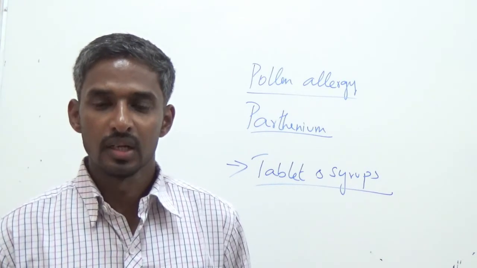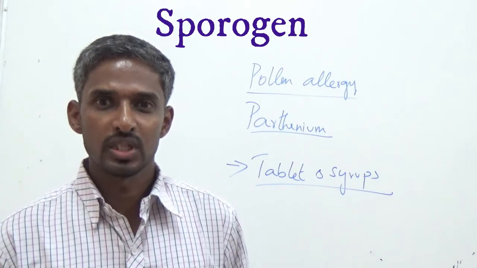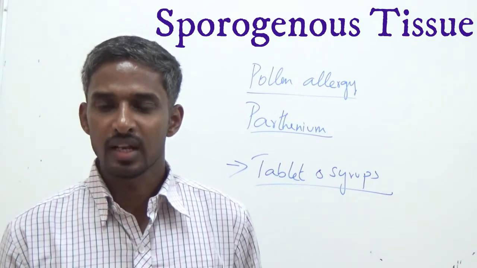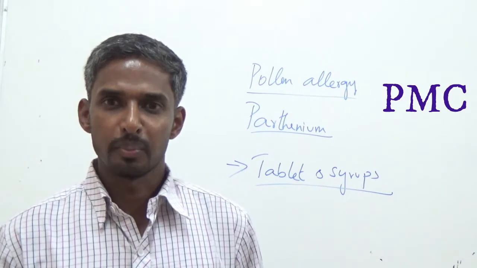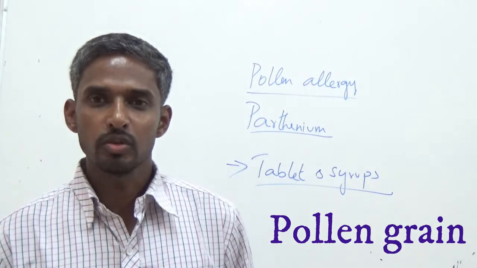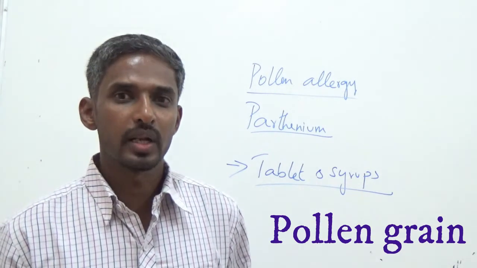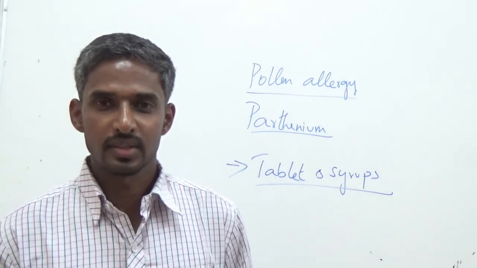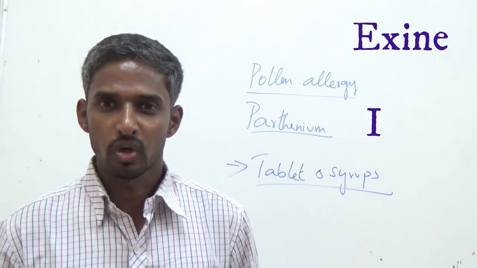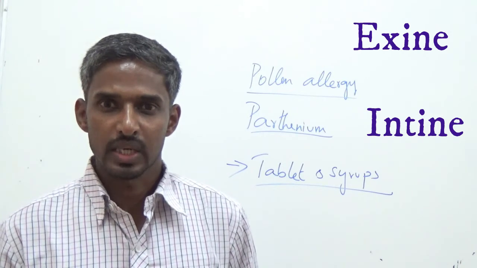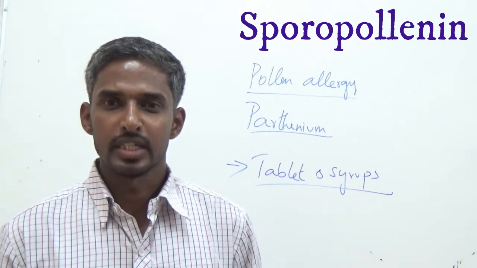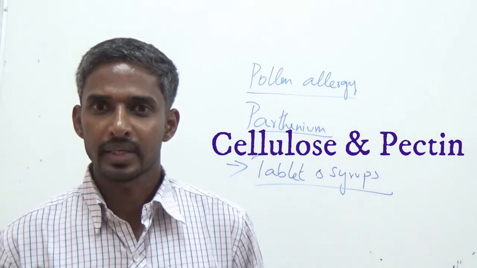When anther is young, these cells are called sporogenous tissues, which later on will give rise to pollen mother cell. Pollen mother cell, after undergoing meiosis, gives rise to pollen grains. And pollen grain has got different parts. The outer exine wall is there, and then inner intine wall is there. The exine wall is covered by sporopollenin, and the intine is made up of cellulose and pectin.